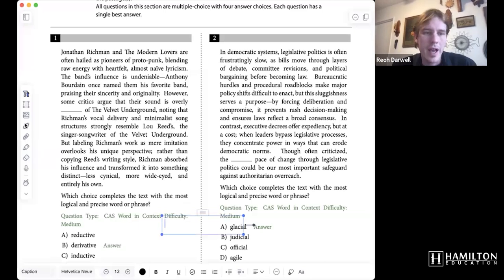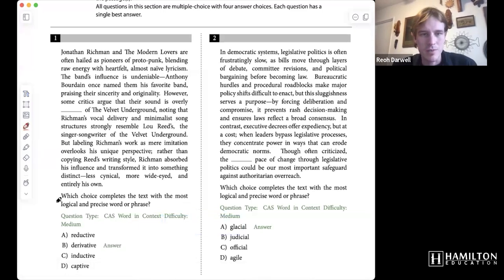Question one here, we have a word and context question. So we want to make sure that we're understanding what kind of word needs to go in this place as opposed to just what word sounds good here.